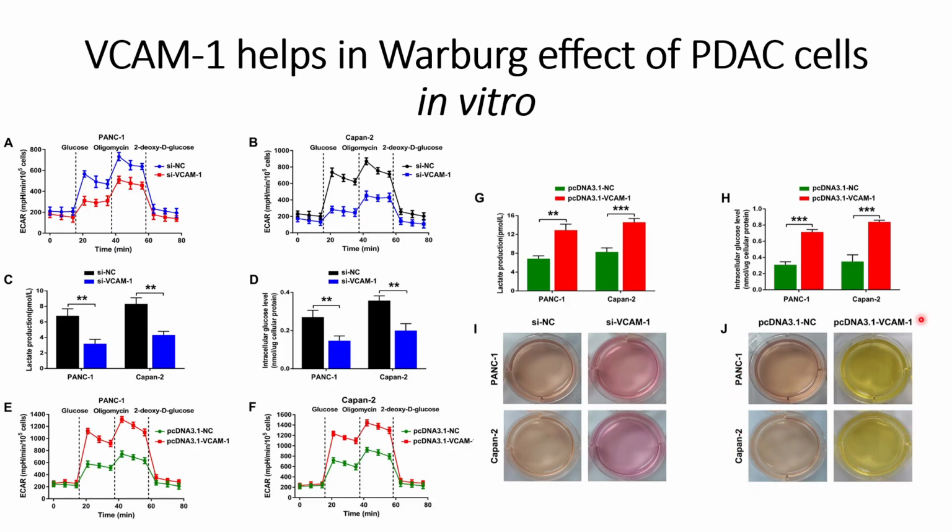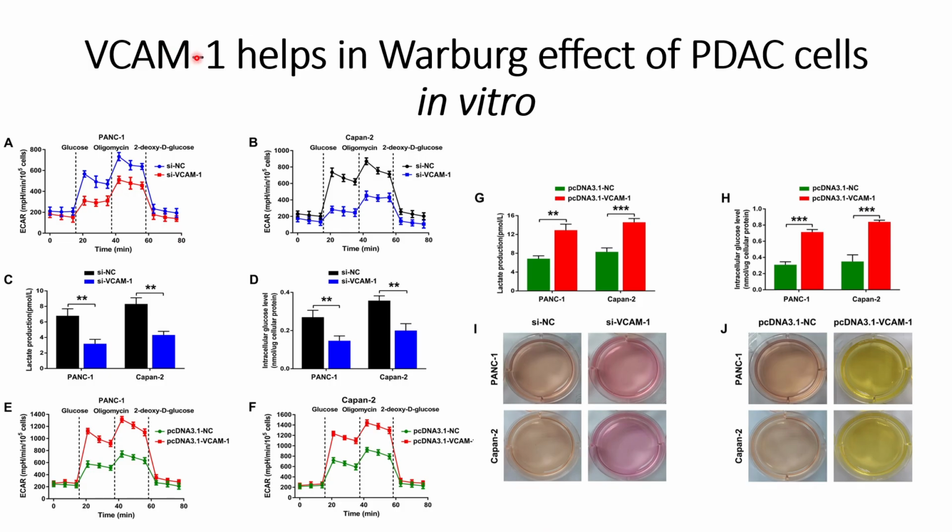And from the other Seahorse analyzer results, this decrease in pH is because of the increase in the cellular acidification rate, which is evident from panels E and F. Whereas in the control, we do not see a significant change in the color of the medium, indicating overall that it's the Warburg effect that has been triggered in the pancreatic cancer cells with the overexpression of VCAM.